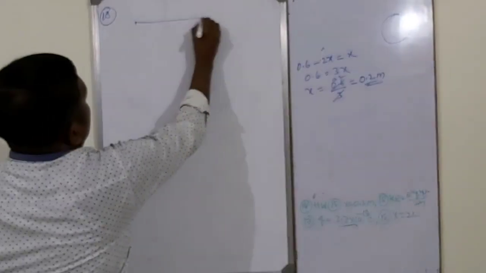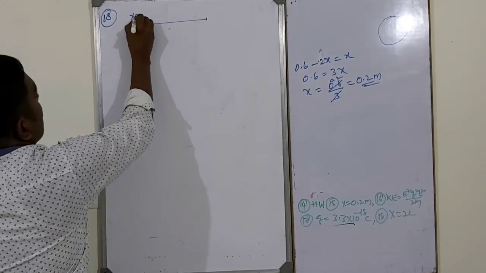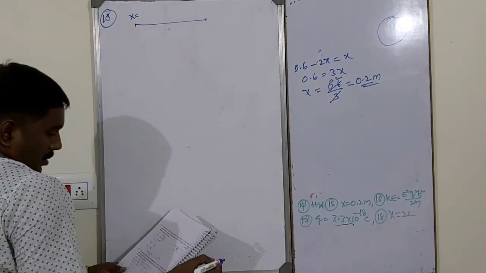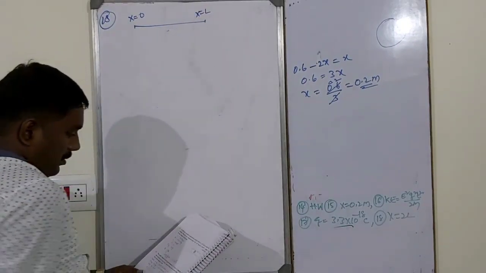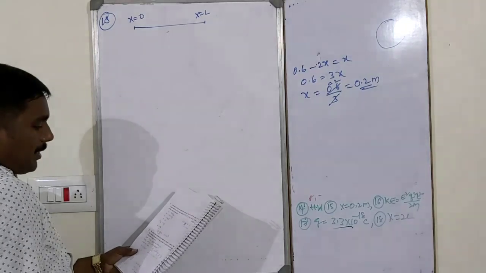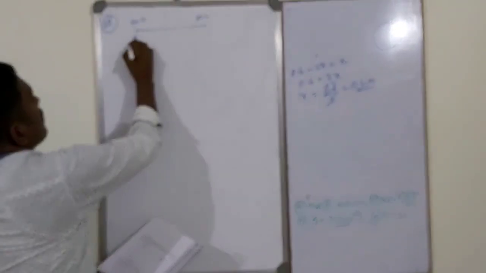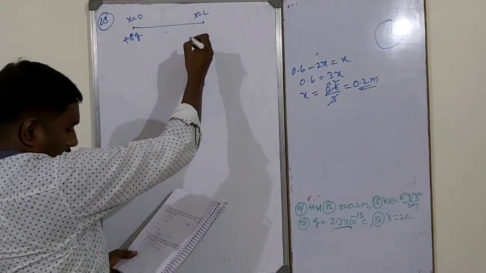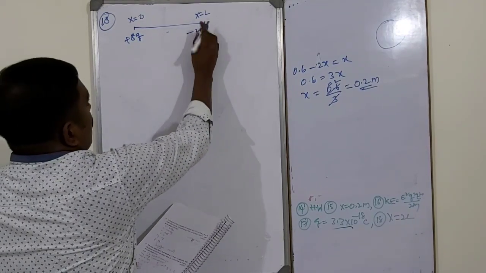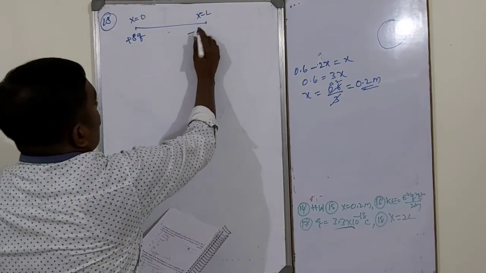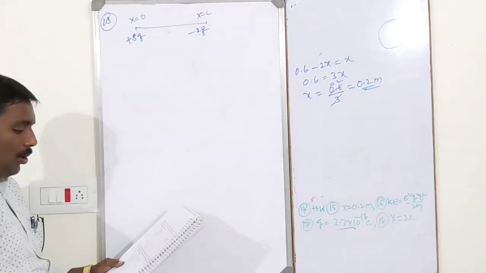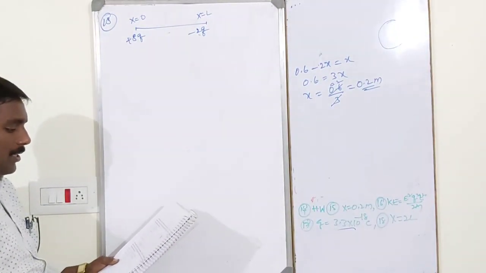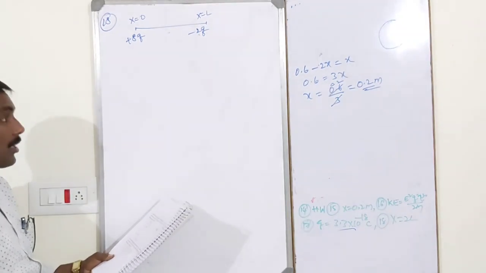Two point charges plus 8q and minus 2q are located at x equal to 0 and x equal to L respectively.